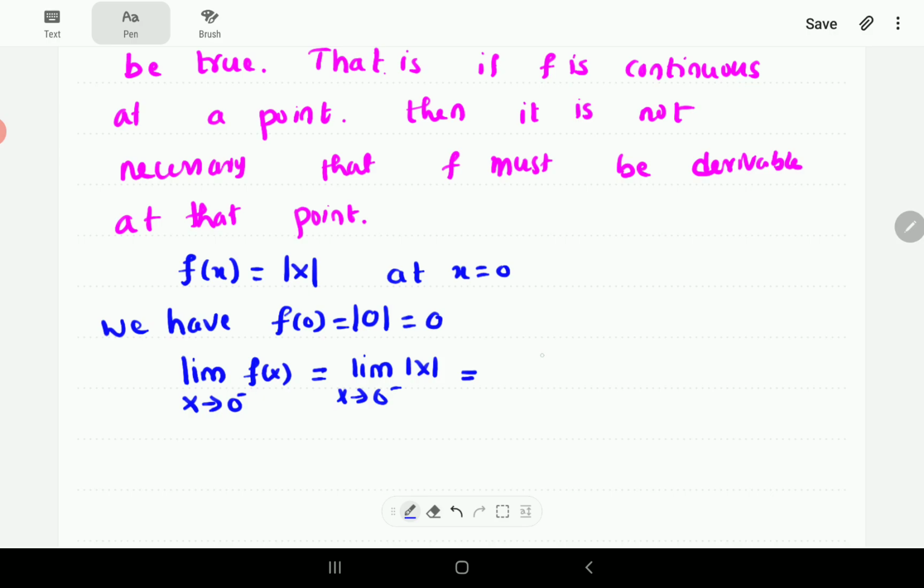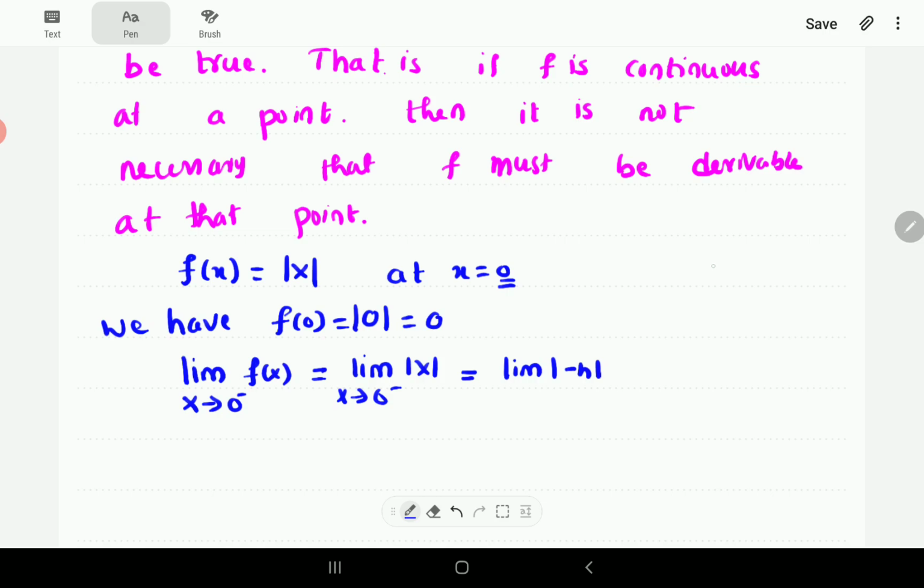So let me take this limit from the left hand side, where as x tends to 0, h tends to 0. So I'll write x as 0 minus h.